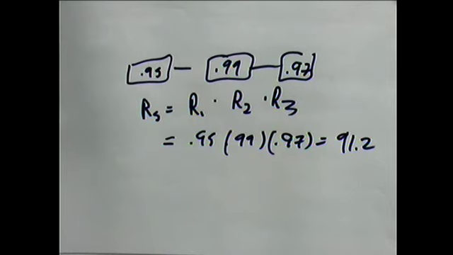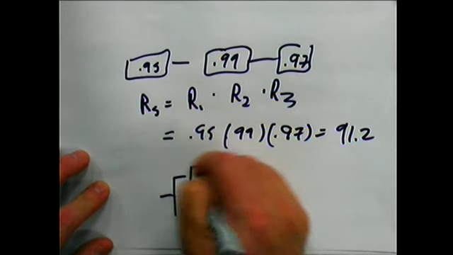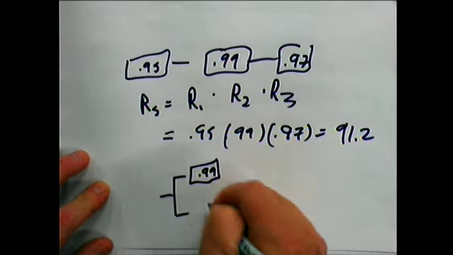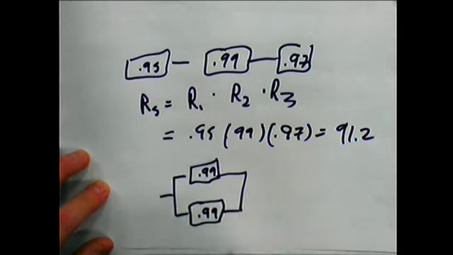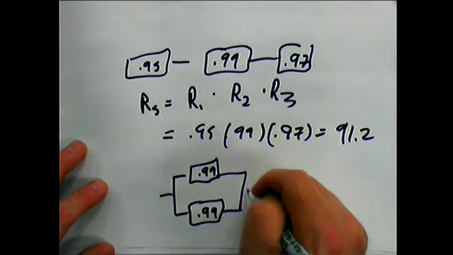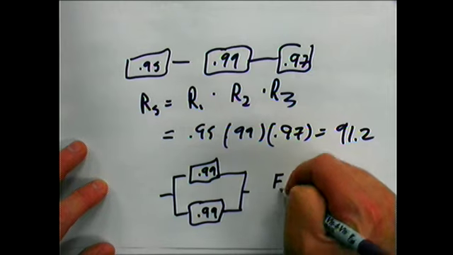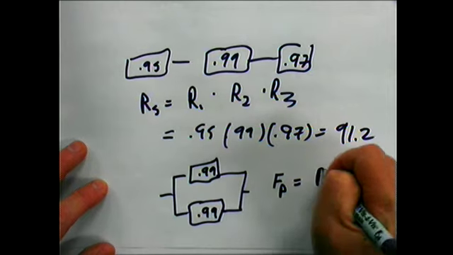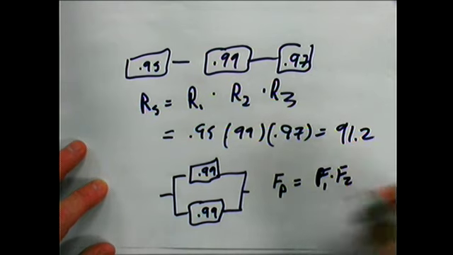Okay. Like if you had this situation, two 99% reliable components in parallel, well, the system would then be failure parallel equals failure 1 times failure 2, right?